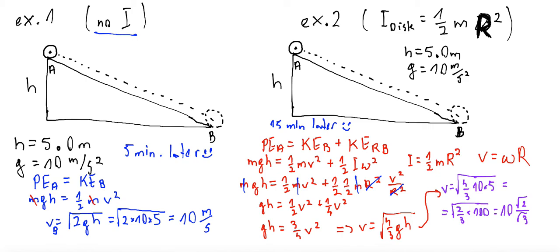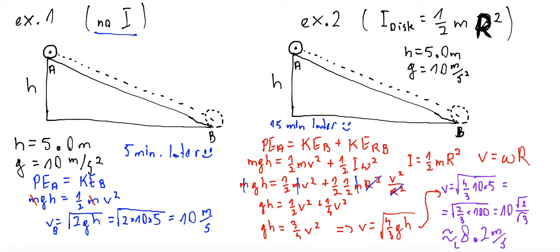So the root of 2 divided by 3, the root, times 10, which is 8.16, so around 8.2 meters per second.